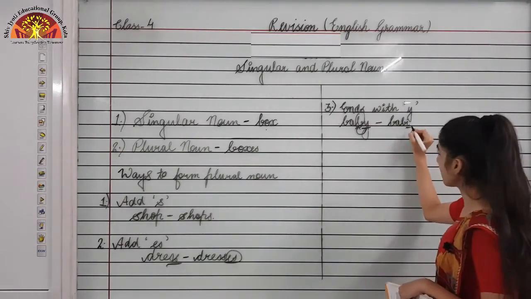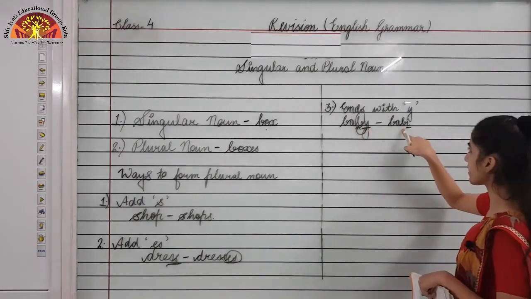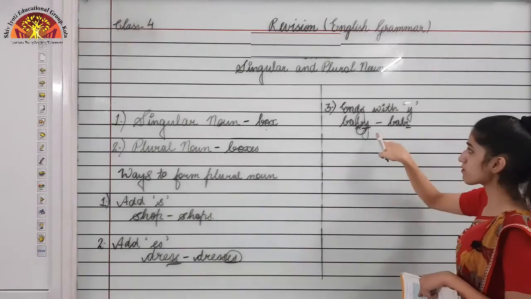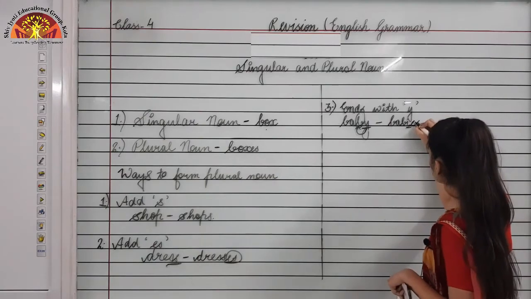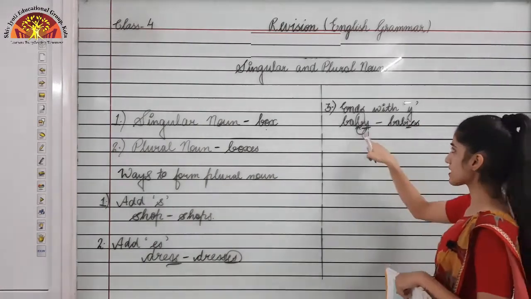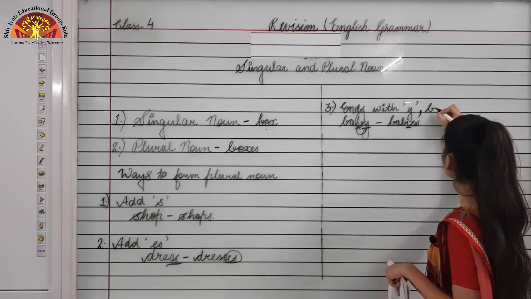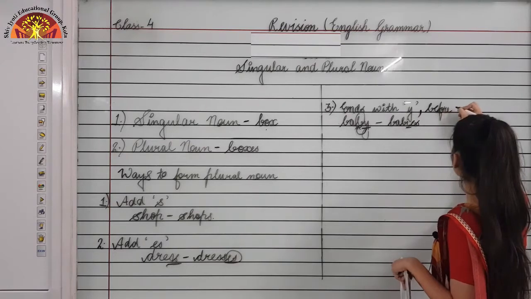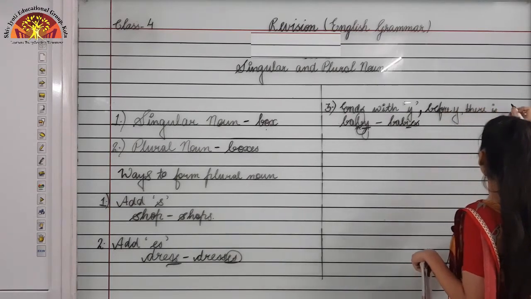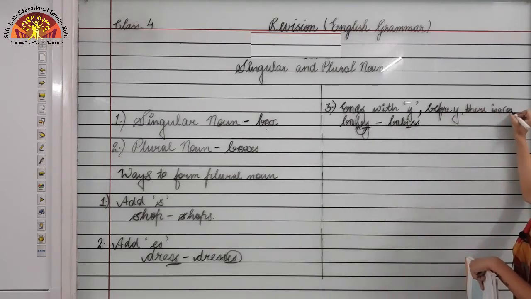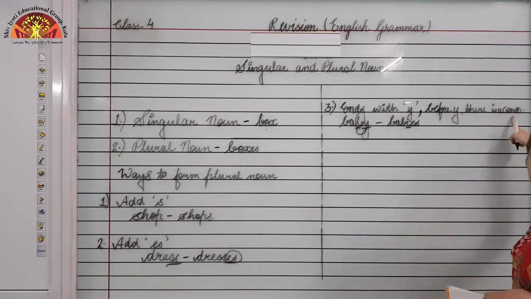You can see after b there was y, but here after b there is i, because we replaced y with i, and then we added es. So this is what we need to do when it's ending with y and before y there is a consonant.